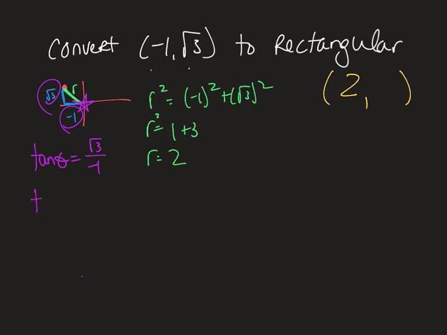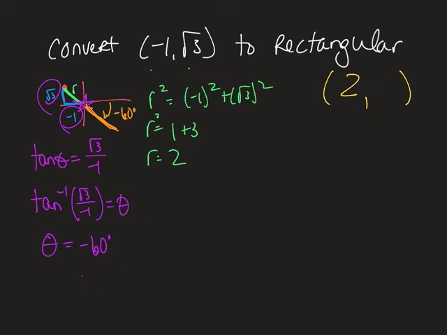Now remember, when you are actually looking for the angle, you are doing inverse tangent, okay? Now, you go and you plug this into your calculator. Make sure your calculator is in degrees mode. That way then you know exactly what angle it gives you back. Your calculator is going to give you negative 60 degrees, okay? And that's okay. But the reason that we draw our picture is so that we realize where we're at. Negative 60 is down here.